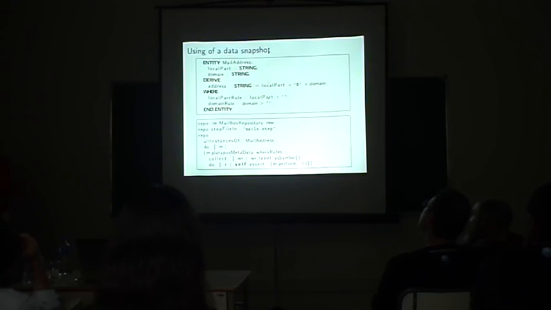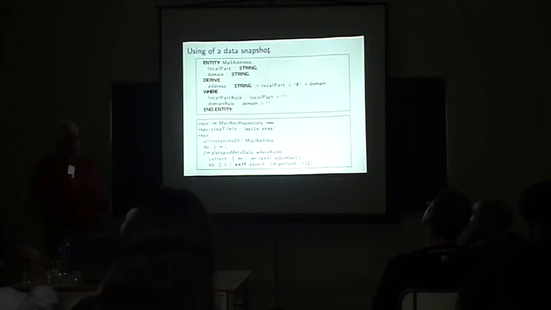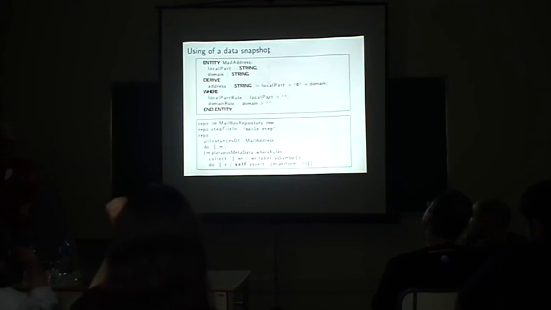So from this entity MailAddress, when you accept this entity in our environment, all the rules and the derived attributes are also produced. So you can really compute these rules and these derived attributes.